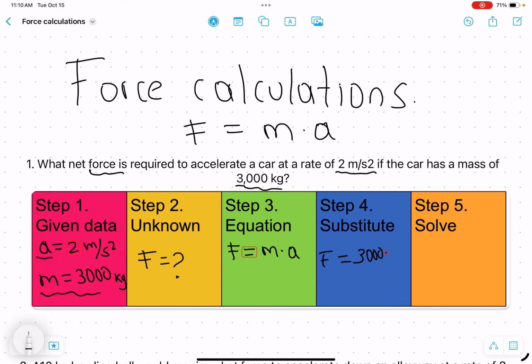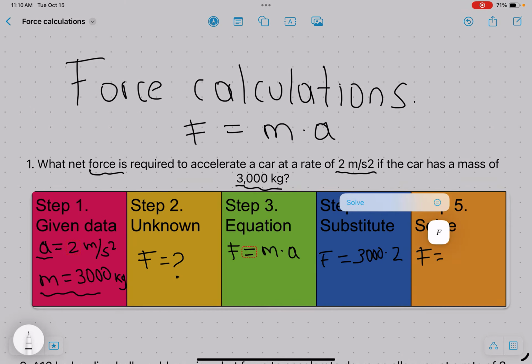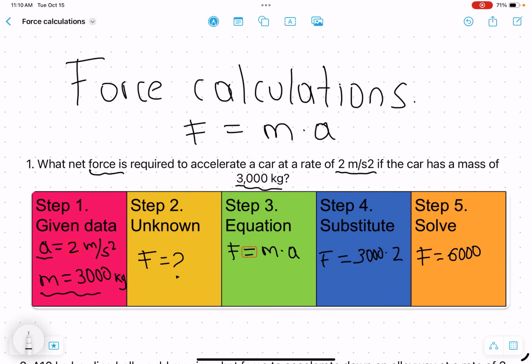It was 2 meters per second square. And finally, you solve it. So force equals, how much is 3,000 times 2? That would be 6,000. And what are the units for force? Those are newtons. So force equals 6,000 newtons.